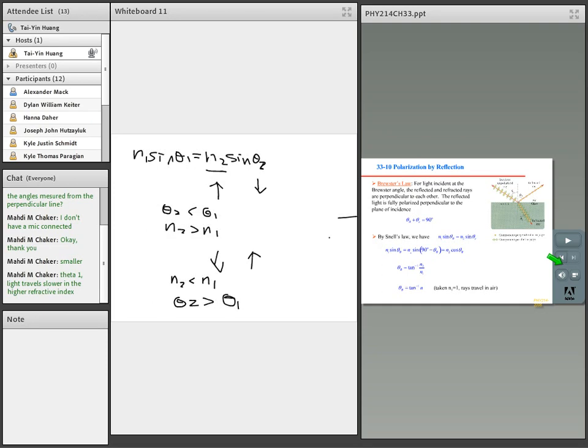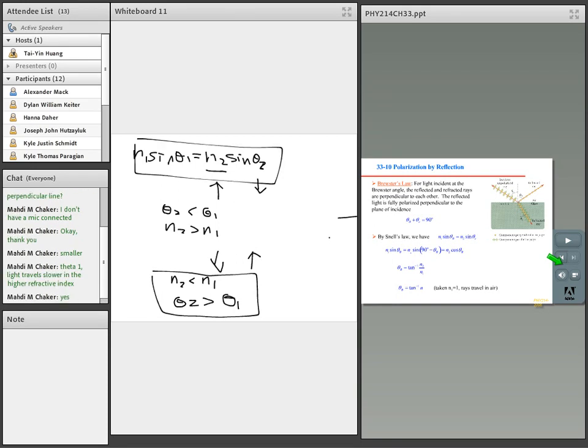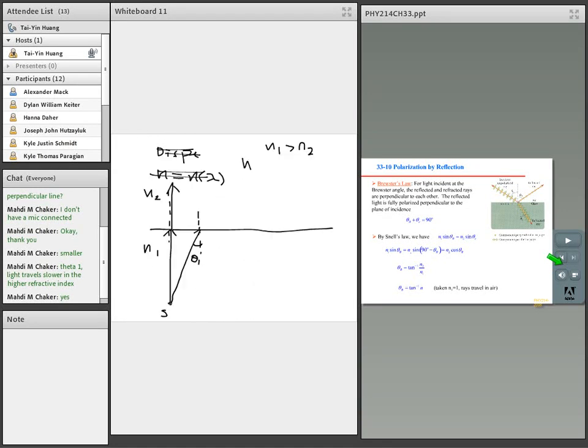Okay, we have a situation now that n1 is greater than n2. If n1 is greater than n2, what does that mean? It means that theta 2 has to be greater than theta 1, just by using this equation, right? So what is the answer? The answer is theta 2 is greater than theta 1.